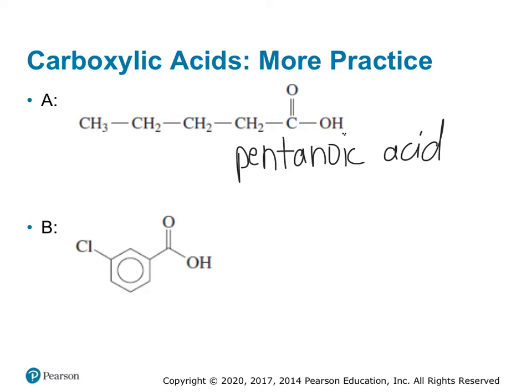So the ane becomes oic. So the second one down here on B, I see that is a benzene ring. I see there is a carboxylic acid group, so that is known as benzoic acid.